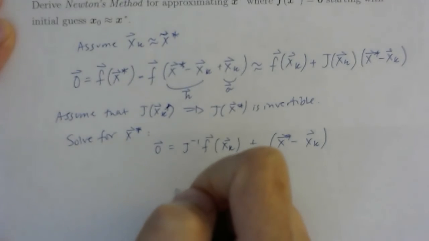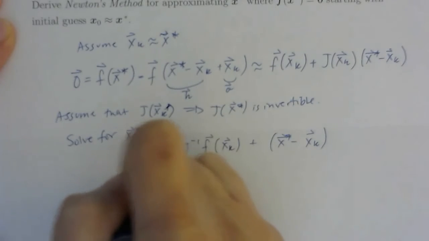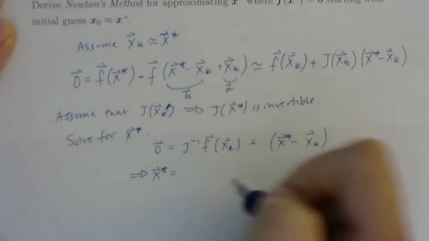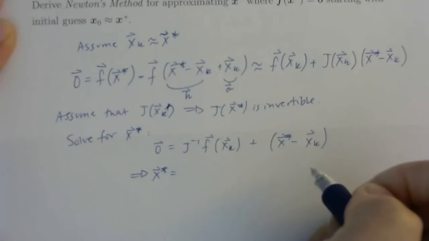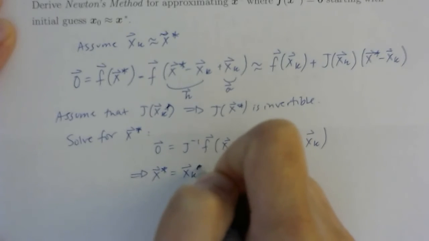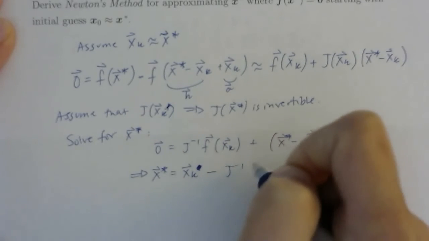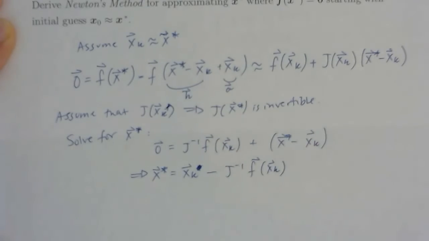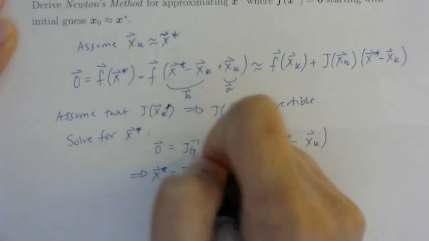And then x star is going to be xk, oops, no star here, sorry, minus J inverse f at xk. J inverse at xk.